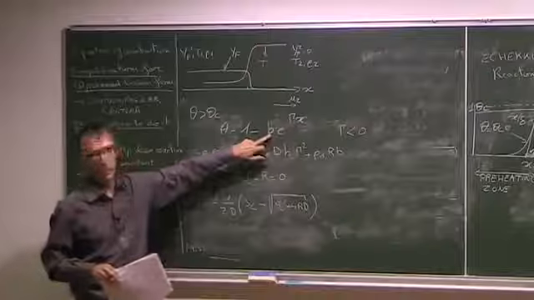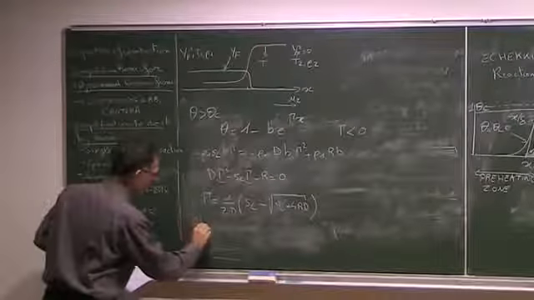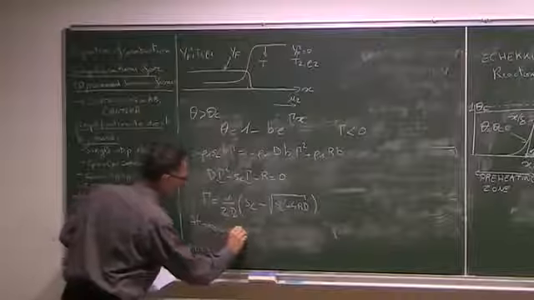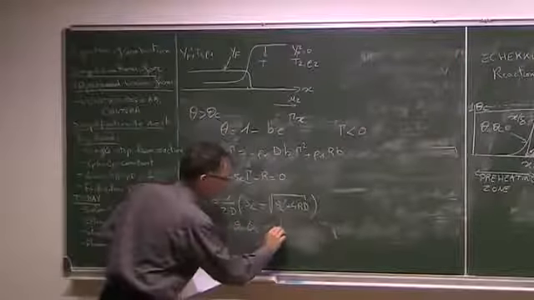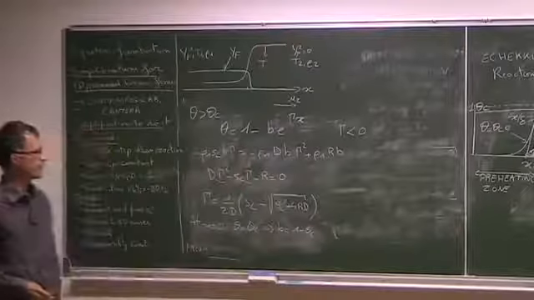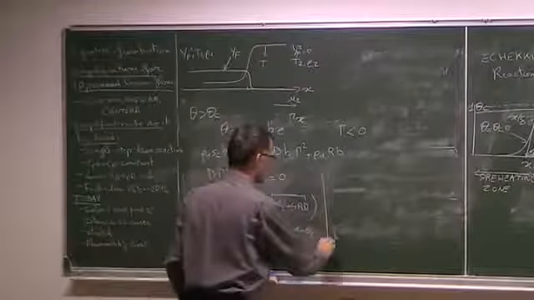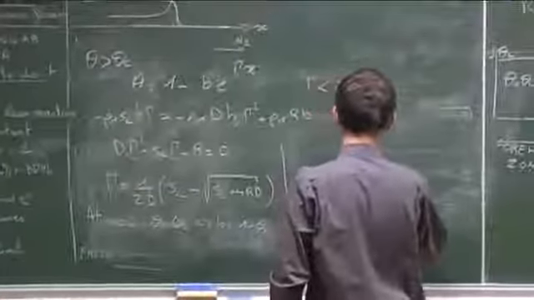What is B? Well, it's easy to find B, because at x equal to 0, the temperature must be the critical temperature. So B obviously has to be equal to 1 minus theta C. It's good to do some math from time to time. You forgot, huh?